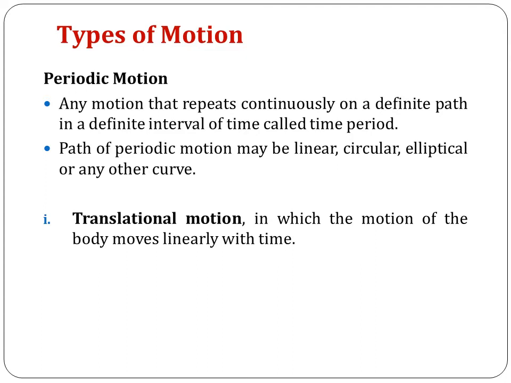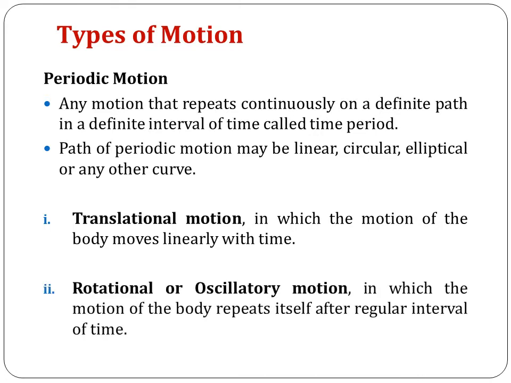There are two types of periodic motion, the first one being the translational motion. Here, the body moves linearly with time. Second, we have the rotational or the oscillatory motion, where the motion of the body repeats itself after a regular interval of time.